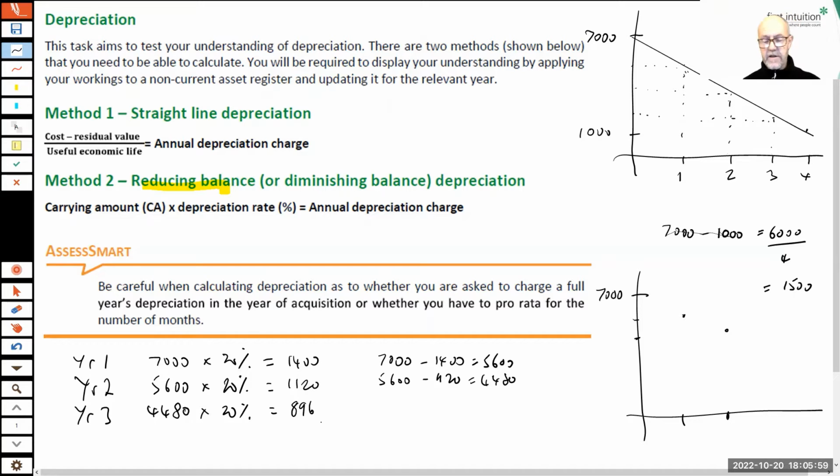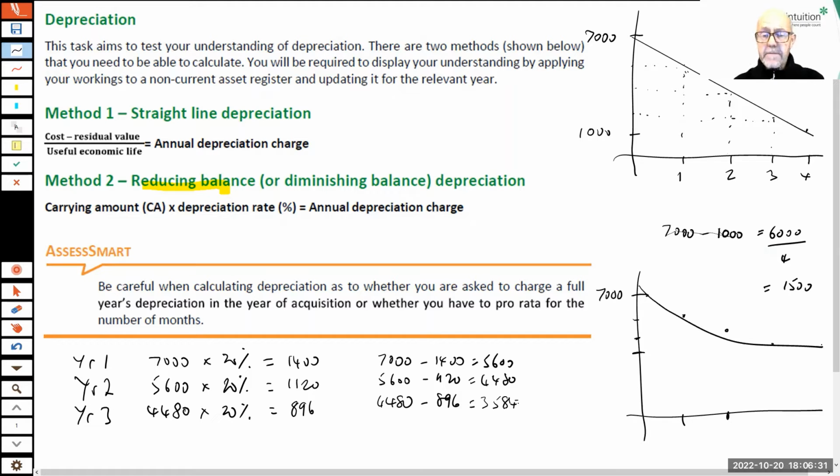So each year the amount we're charging diminishes. So 4,480 minus 896 is 3,584. So we're still actually over half the value after 3 years. This graph doesn't really show it, but what's going to happen is we're going to have a curve.